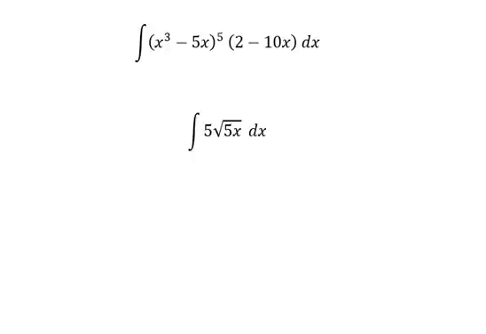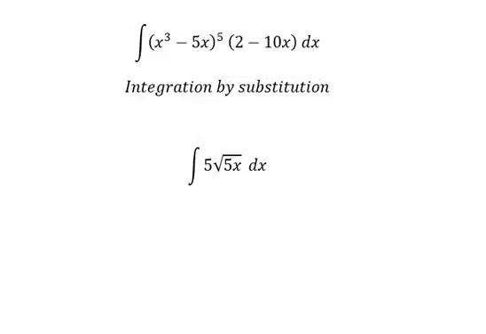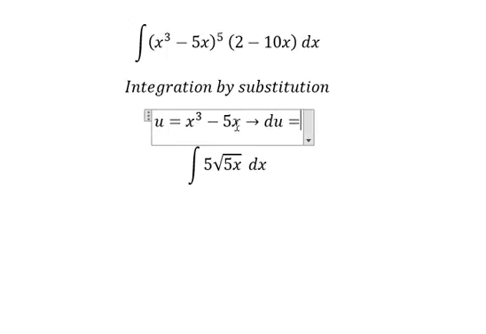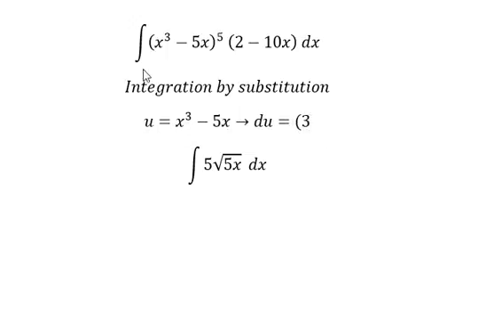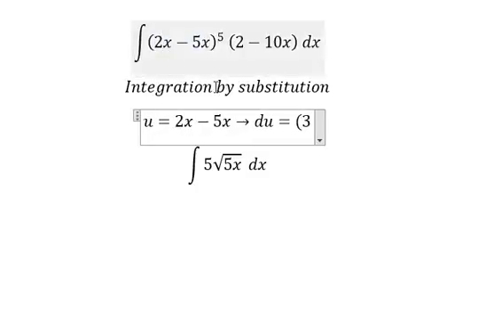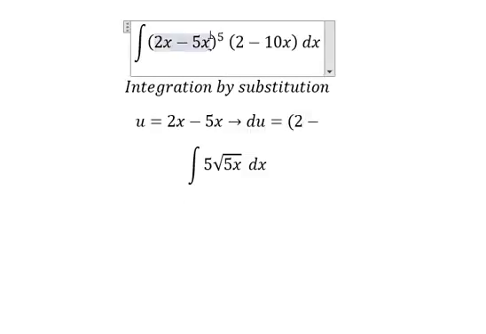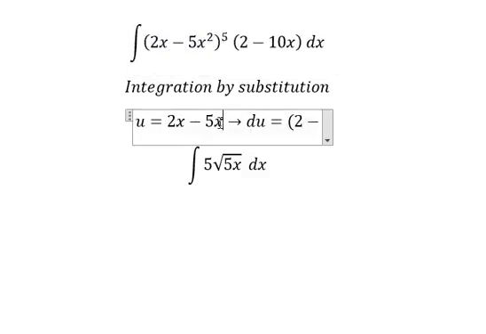Next, we need to use integration by substitution. So I will put u equals this one. We take the first derivative of both sides. I made a mistake, this is 2x. The first derivative of 2x is 2. The first derivative of 5x squared is negative 10x.